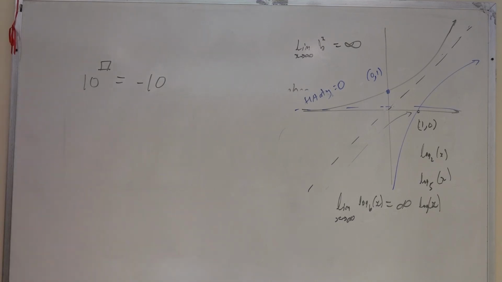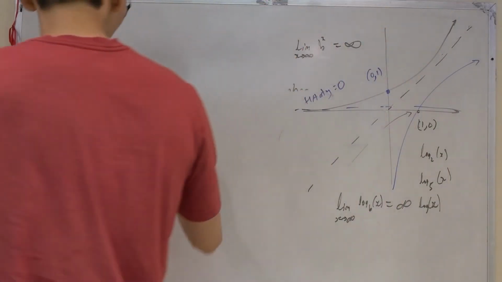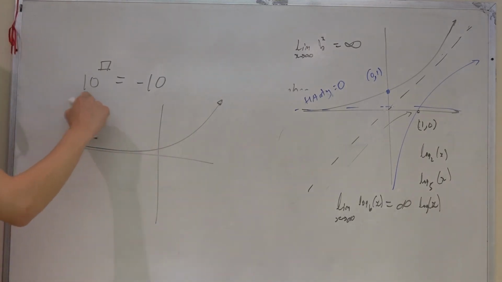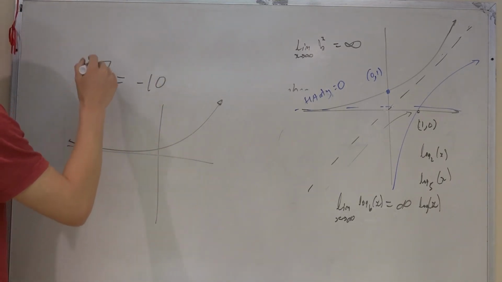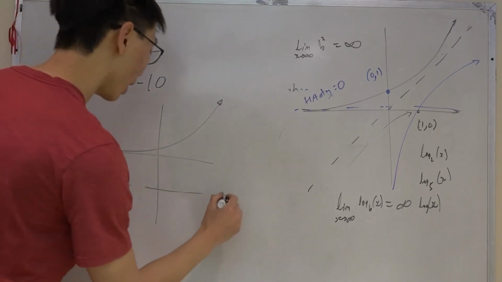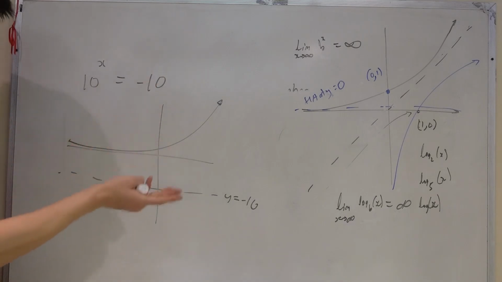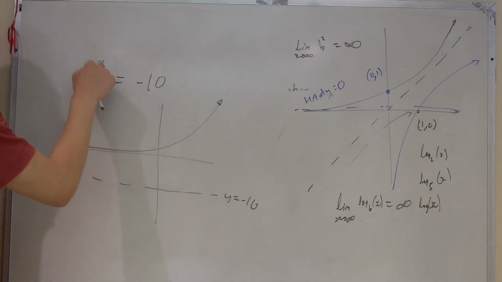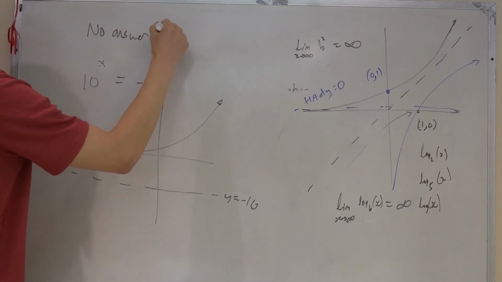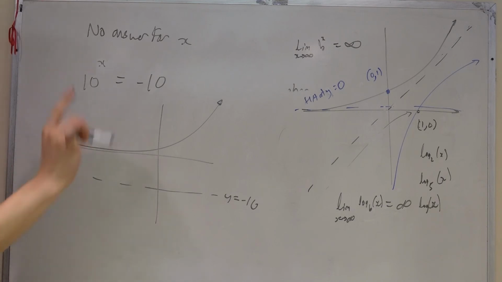Exactly, it doesn't exist. You can see this just by looking at the exponential graph. A generic exponential graph will never dip into the negative zone. And remember, this question graphically asks, when does the function 10 to the x cross the line y equals negative 10? As we see, it obviously doesn't. It never does. Therefore, there is no answer for x, at least no real answer, but that's for another day.